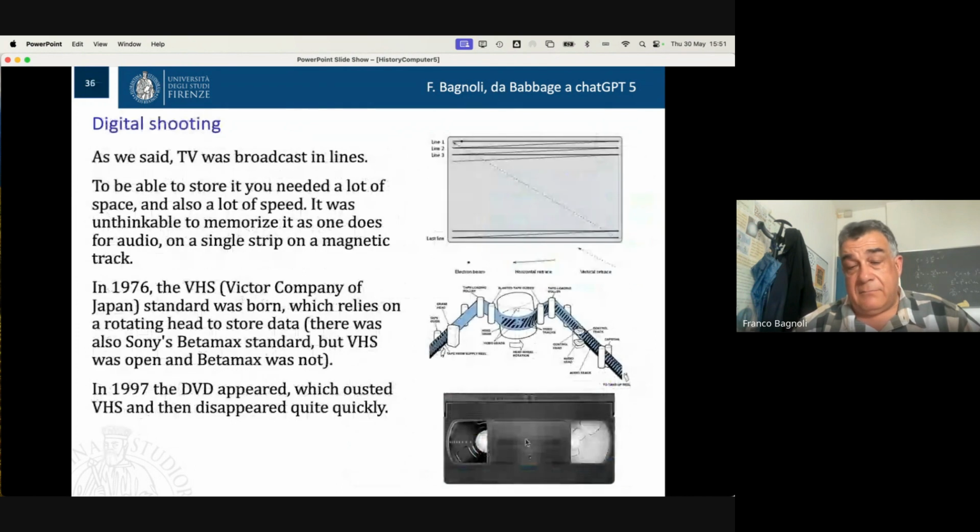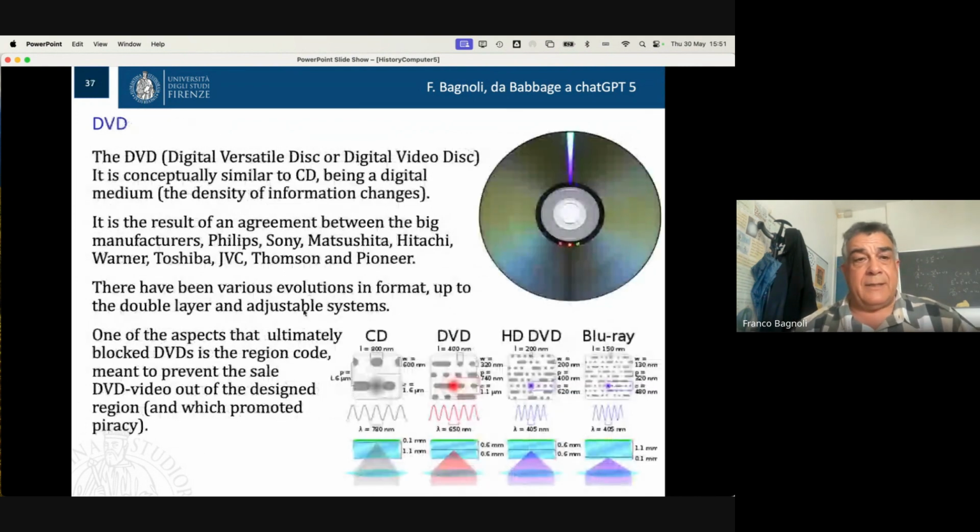But VHS lasted, I don't know, some 15 years, and then it was quickly replaced by DVD, digital video disc, which is essentially a CD but with a shorter wavelength, so that it could store more information. Then it was replaced by HD DVD, then Blu-ray, each one lasting less and less time. And now, I don't know if I can even buy a Blu-ray. Blu-ray lasted really, I don't know, 5 years or something like this.